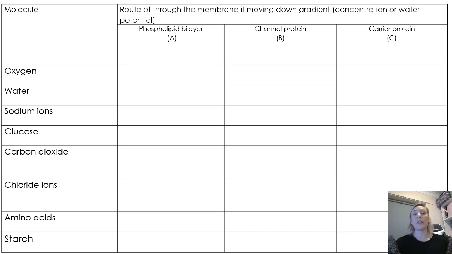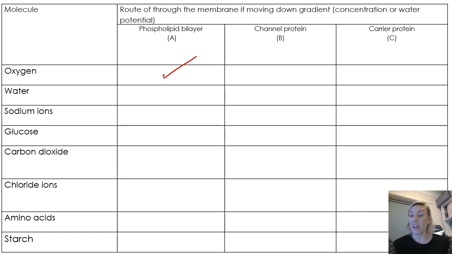Okay, so you should have completed the task, so let's do this together. Oxygen. Well, I've mentioned it a few times. It's small, it has no charge, so you should have that it would move directly through the phospholipid bilayer, which is good because we want oxygen to diffuse through all membranes, and we want it to diffuse quickly.